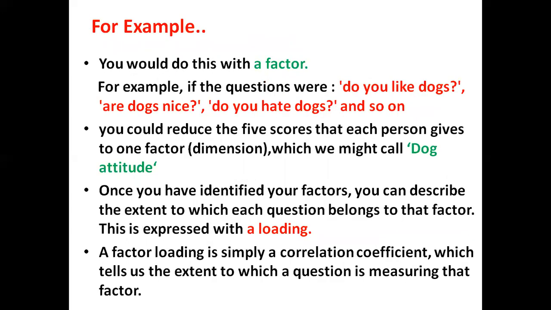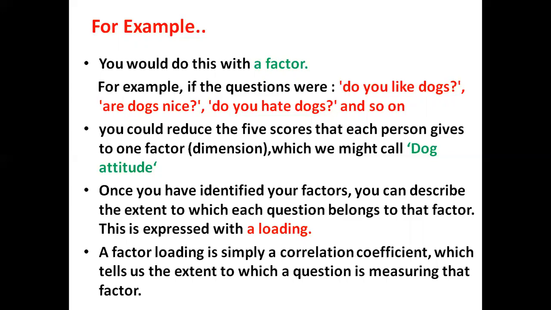For example, you do this with a factor. If the question were, do you like dogs or pets, or are dogs nice, another one is, do you hate pets or dogs, and so on. In this way, you may have 5 scores for this particular attribute.